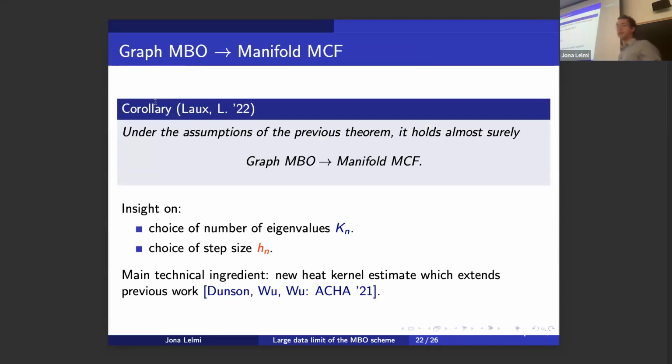What I mean is that it gives some insight into what number of eigenvalues is allowed in practice. In practice, people were always taking some logarithm of n, so that matches what people were doing in the literature. Now, for the choice of the step size, usually people go by trial and error. They have a data set, they try a bunch of values, and they see which is the best one.